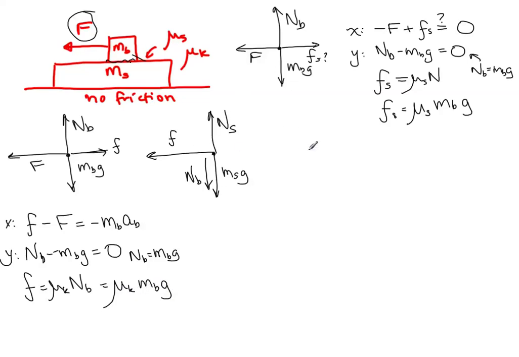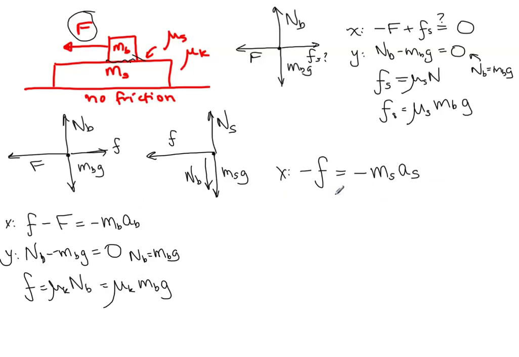Now we're going to look over here. In the x direction for the slab, we have minus the frictional force is equal to, see that's the only thing in the x direction. So that has to be equal to minus mass of the slab times the acceleration of the slab. We know that the slab is accelerating to the left, so we know it's negative, and it has a different acceleration from the block.